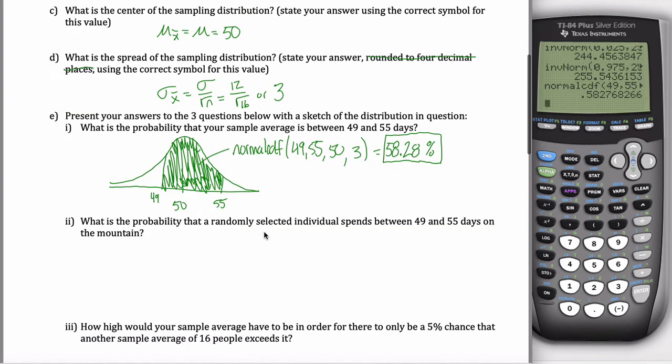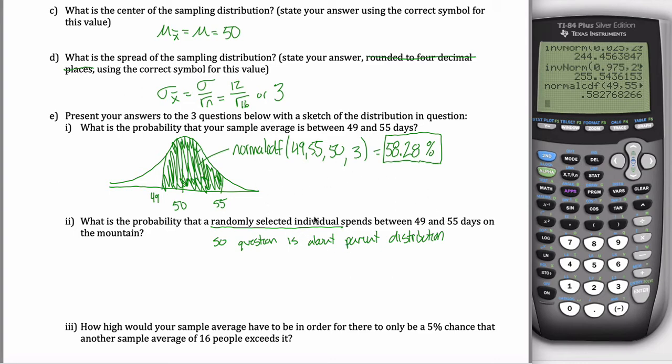Second one, what is the probability that a randomly selected individual? Okay, note that it's a randomly selected individual. So question is about parent distribution. Right, not the sampling distribution. I kept these numbers the exact same because I wanted you to really see the one thing that I changed.